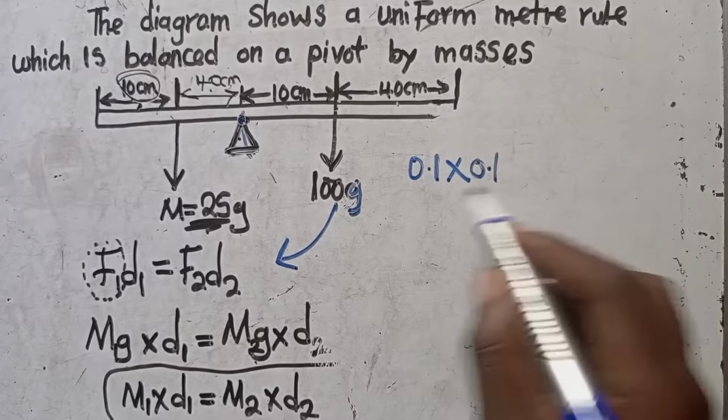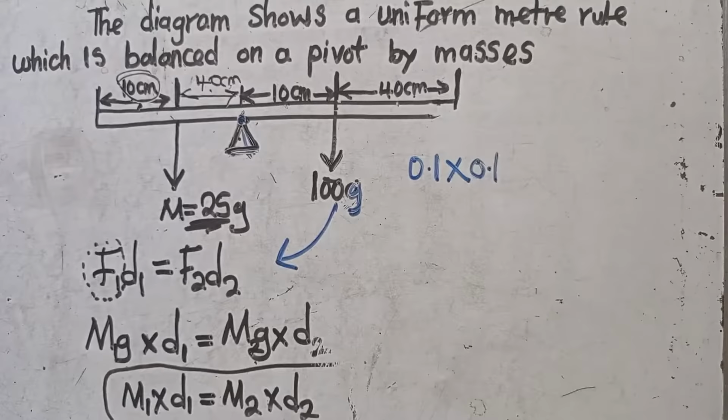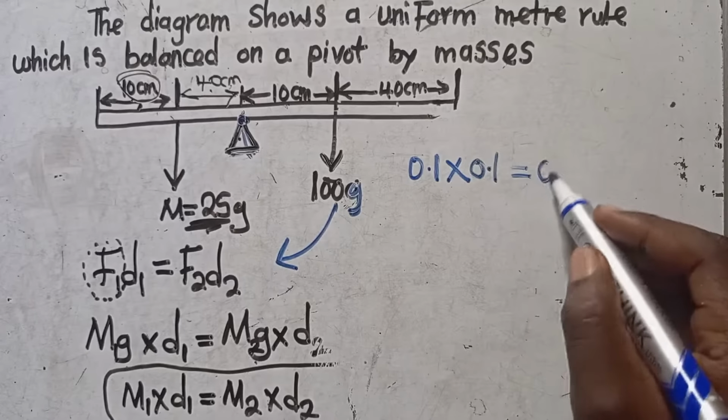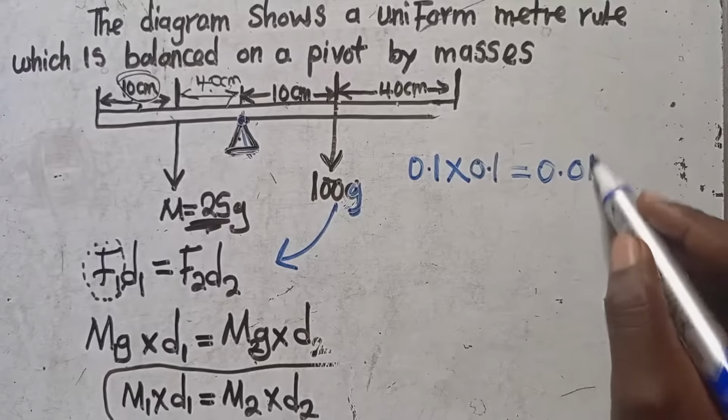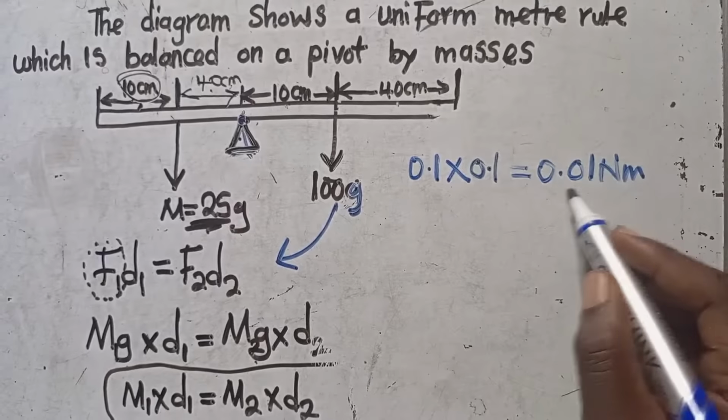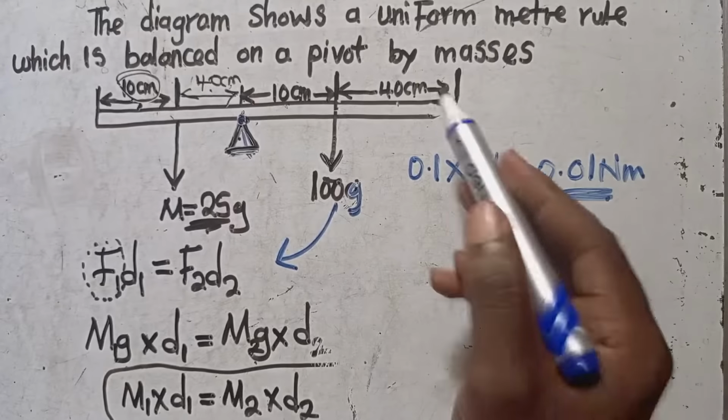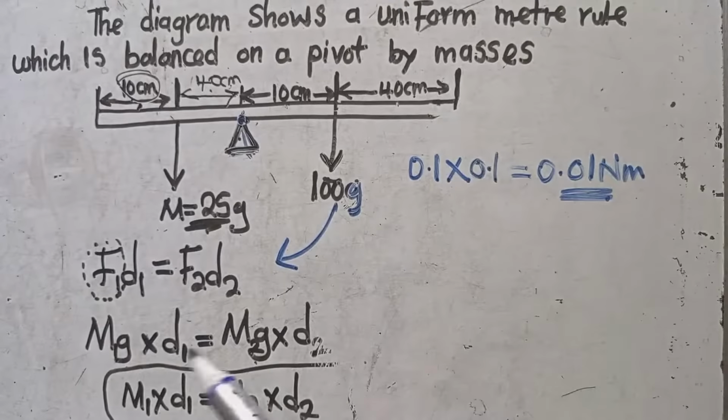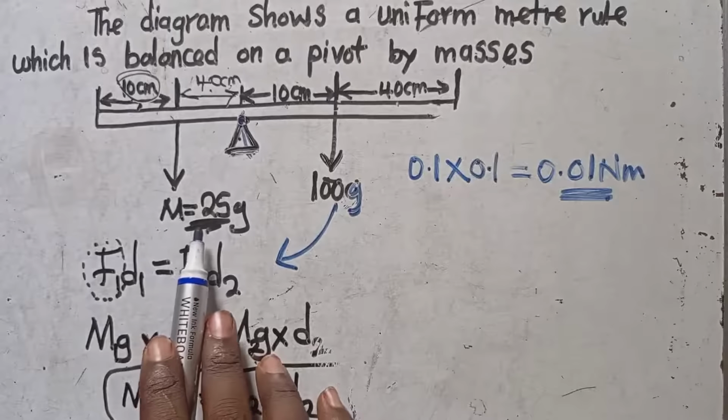So 0.1 times 0.1 gives 0.01 Newton meter. This is the moment in the clockwise direction.